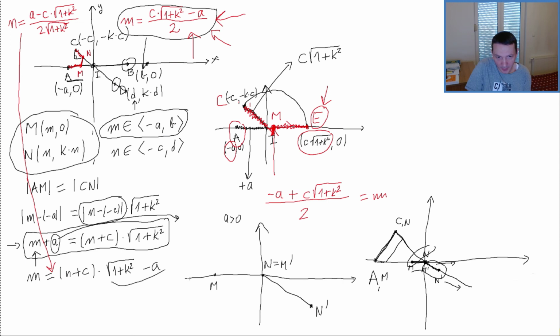So one extreme case is if M is here and N is here, and another one if we go with M here to M prime and with N here to N prime. So in both cases the distance between M and N is actually this, let me call this x. This is x, and also this is x.